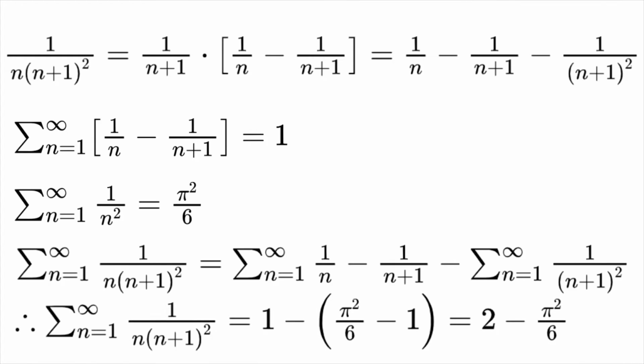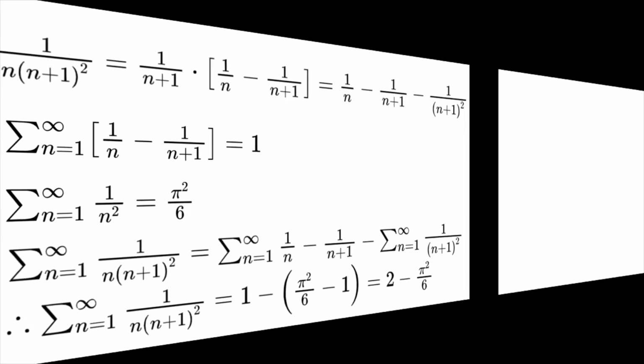So the summation becomes 2 minus pi square by 6. In the second part, you must observe that the 1 is missing, therefore we have to subtract: pi square by 6 minus 1, so it becomes 2 minus pi square by 6.